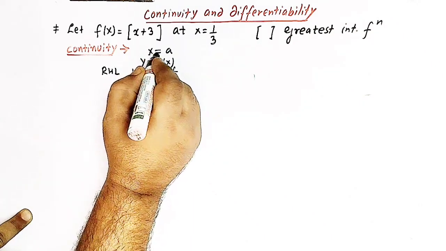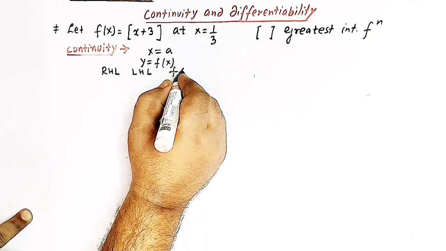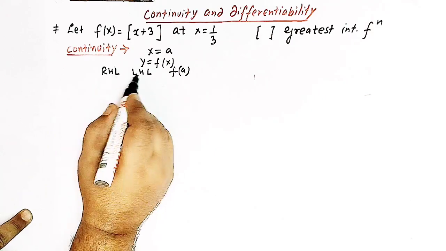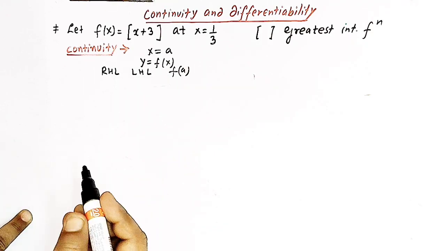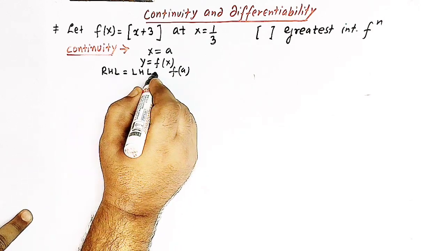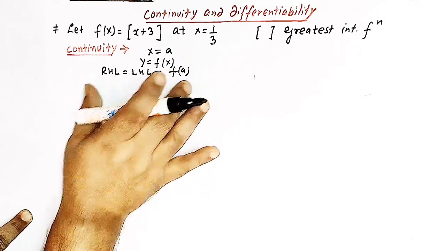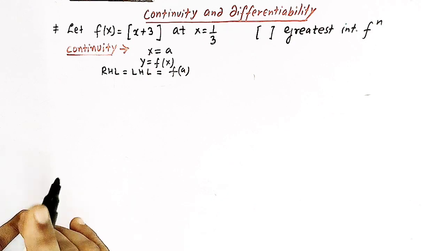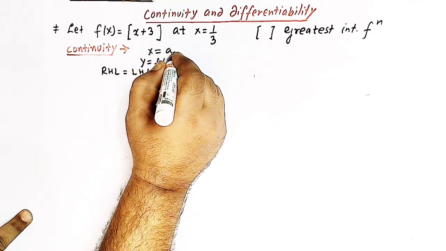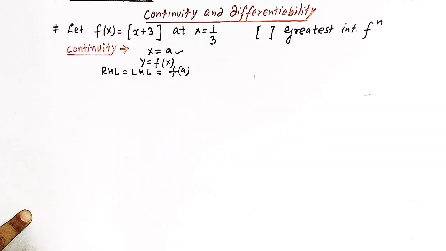Here the point is x is equal to a, and if all these three quantities are finite and they exist and they are equal to each other, then we can say that the function or the given function is continuous at this point x is equal to a, right?